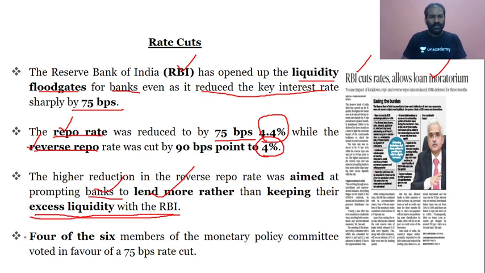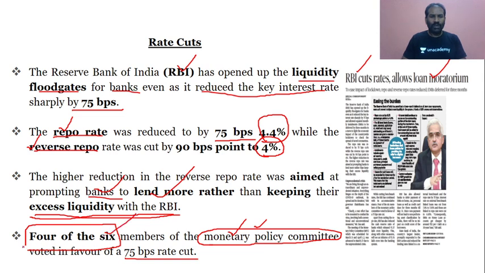And just for information's sake, out of the 6 members of the monetary policy committee, it is the monetary policy committee which decides the rate cuts. Frankly speaking, it is not the RBI itself, but under the RBI you have a monetary policy committee which looks into the rate cuts, and it has 6 members.